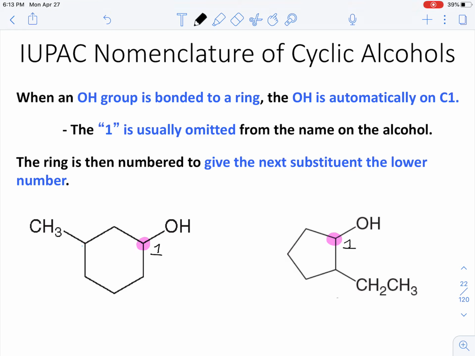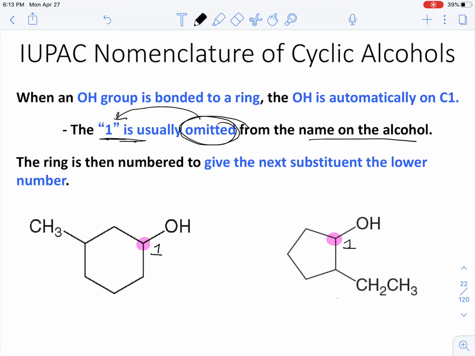And because it's always carbon number one, you're going to omit this number from the name of the alcohol. You don't have to say cyclopentane-1-ol. You just say cyclopentanol.